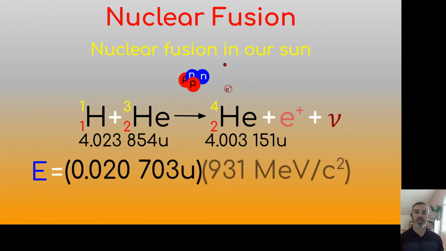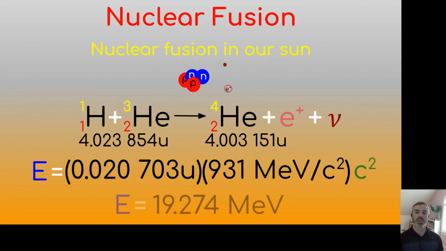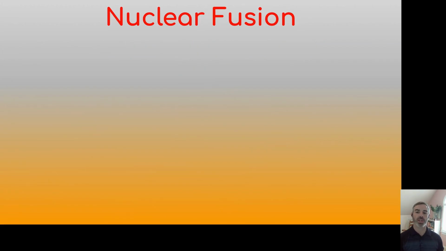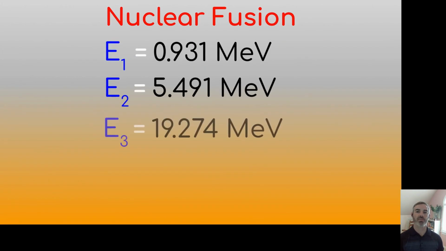You can see that there is mass lost during this process. So we convert that into the amount of energy, which is a much larger value when hydrogen and helium fuse together, 19.274 mega electron volts. So a lot of energy in the process of fusion.